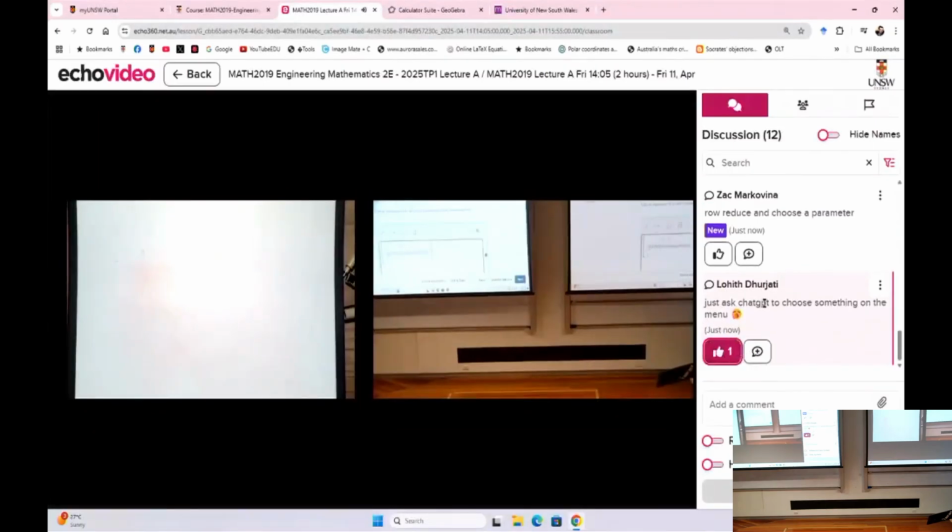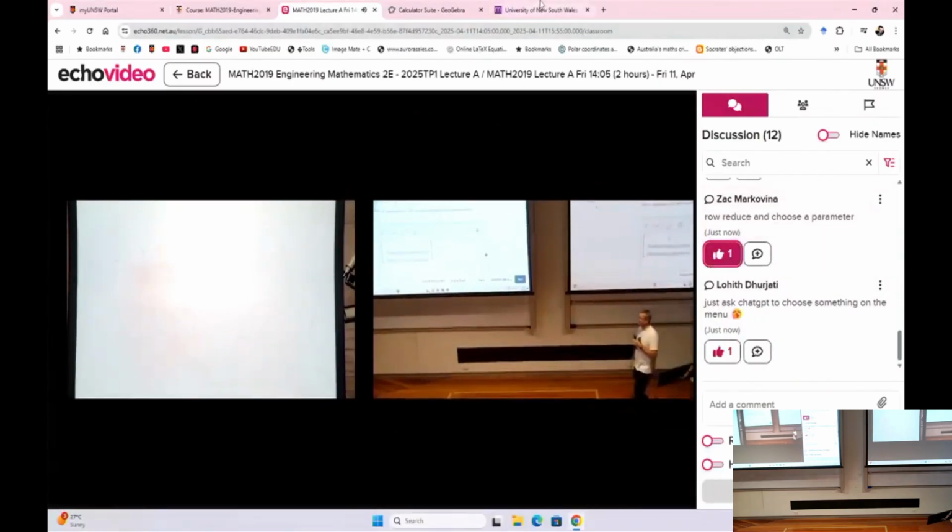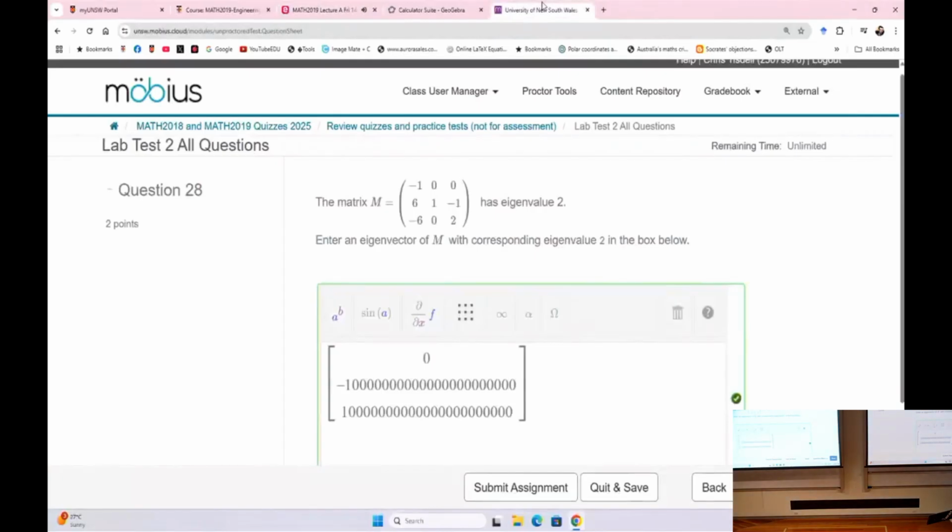Yeah, just ask ChatGPT to choose something on the menu. That's not a bad idea. Yeah, you can row reduce if you want to with these problems. You could probably ask the waiter or the waitress, but if you don't speak the language, it'll be hard.